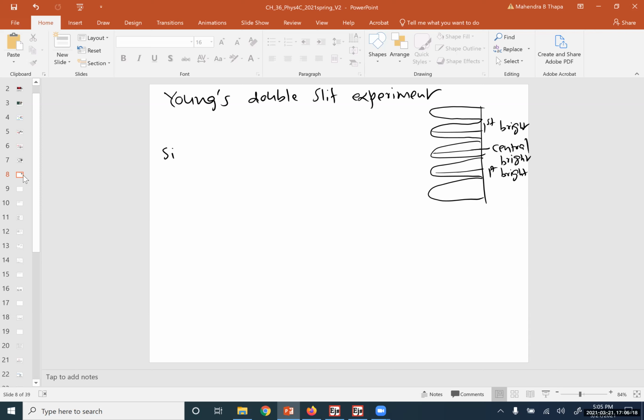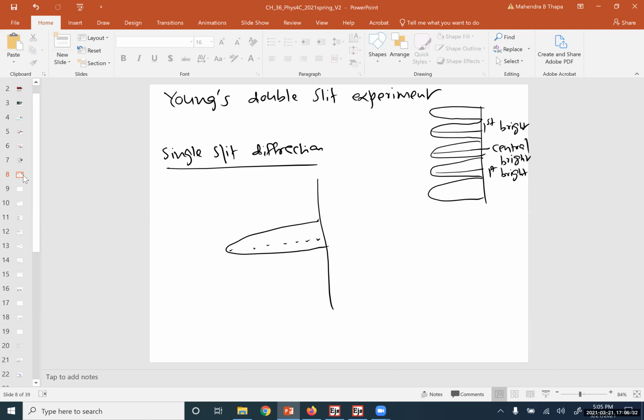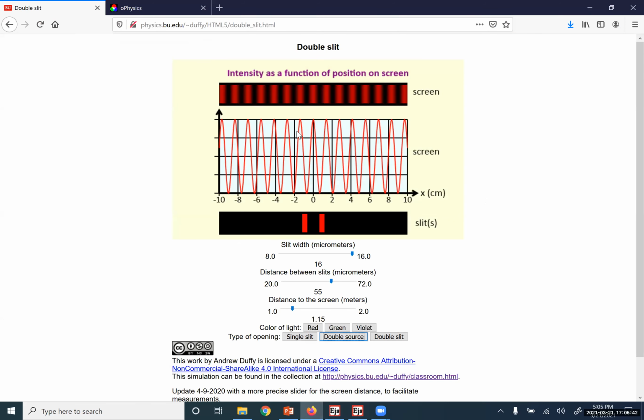But in the case of single slit diffraction, we see that the intensity is not the same. This is the central one, intensity is very high. If you consider the first one, intensity goes down, just like this. So you can also observe this in this kind of simulation.